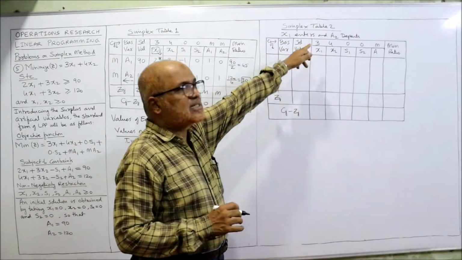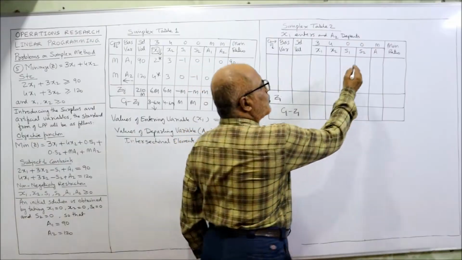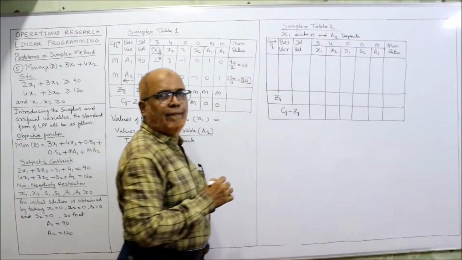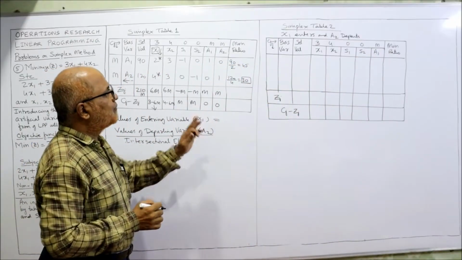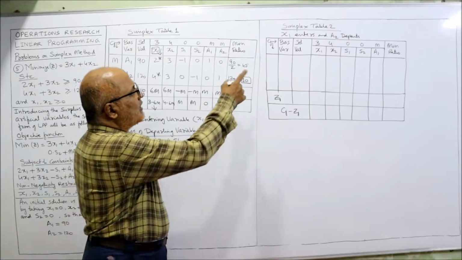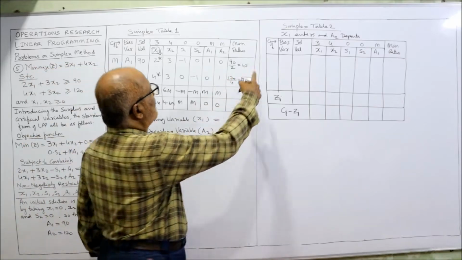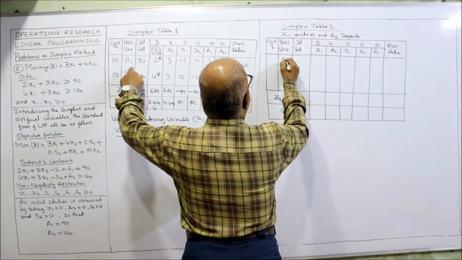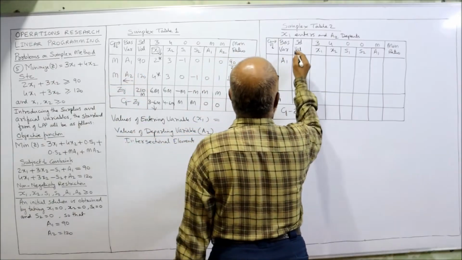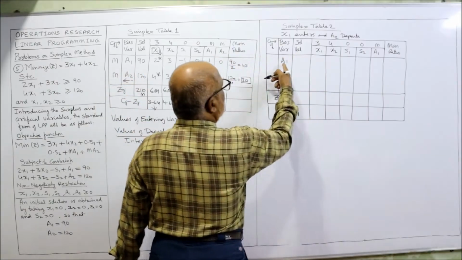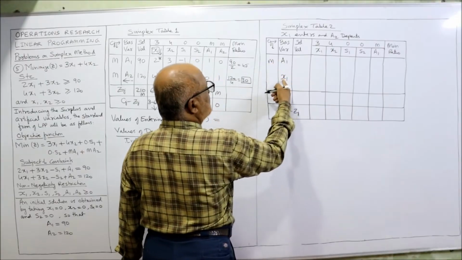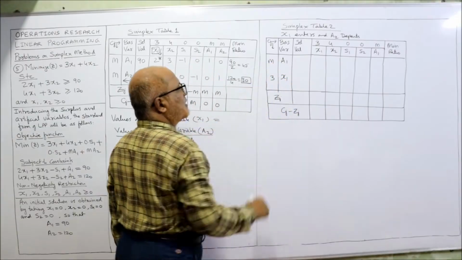So here A2 is departed, so we don't require the A2 column. We need only the A1 column. We will take A1 as it is. Then in place of A2 we are going to write x1. So the A1 coefficient is m, the x1 coefficient is 3.